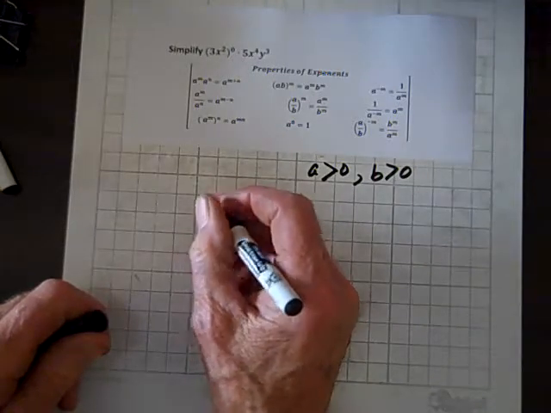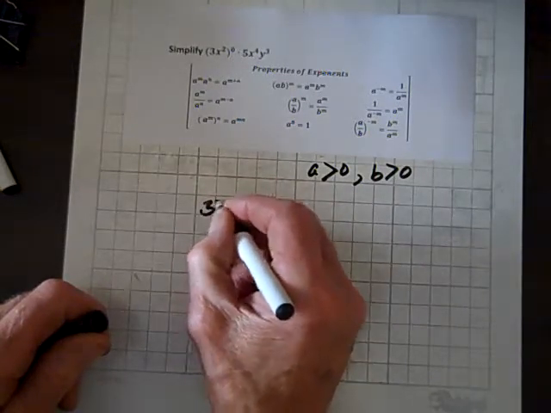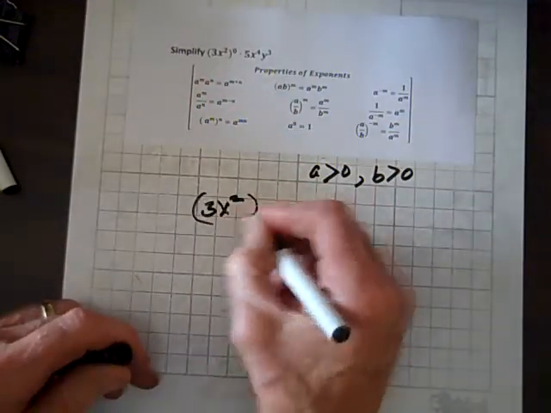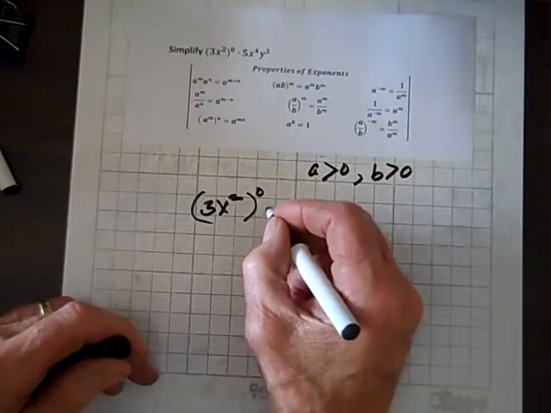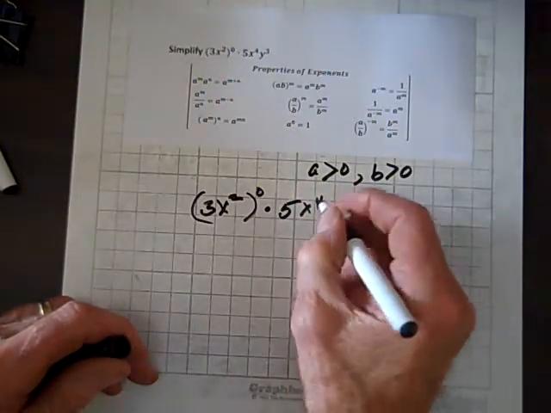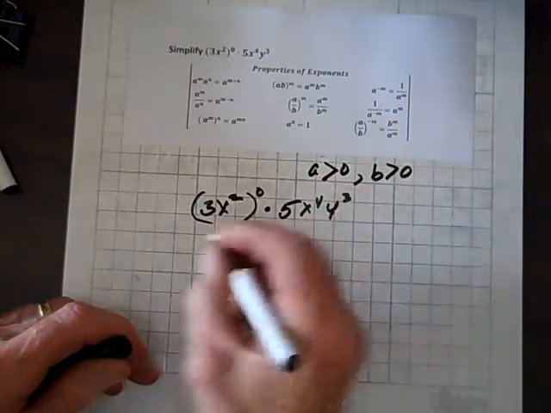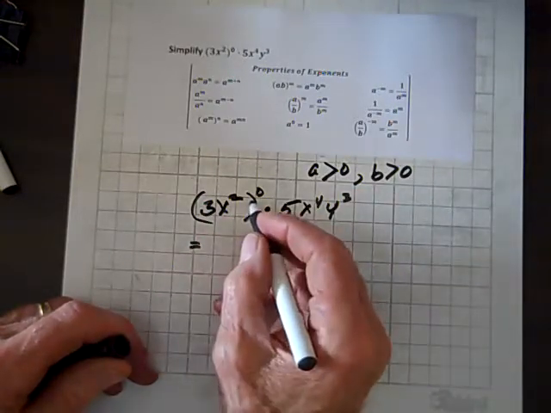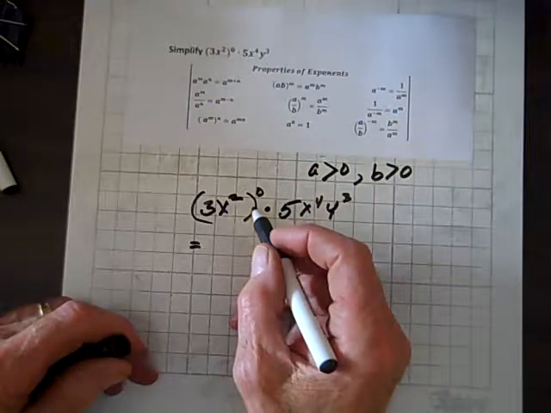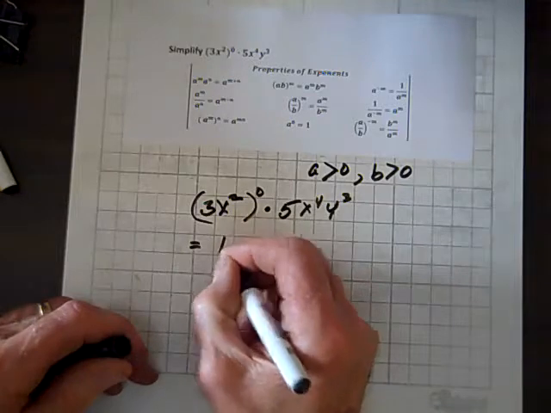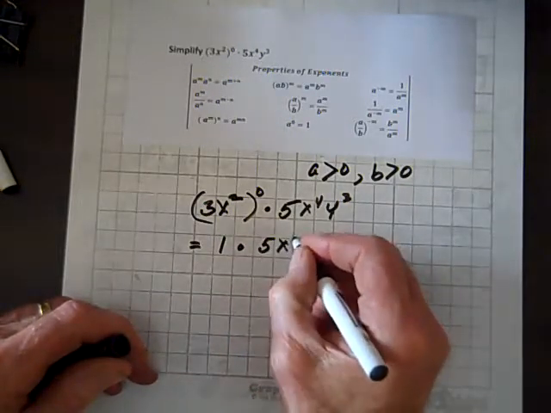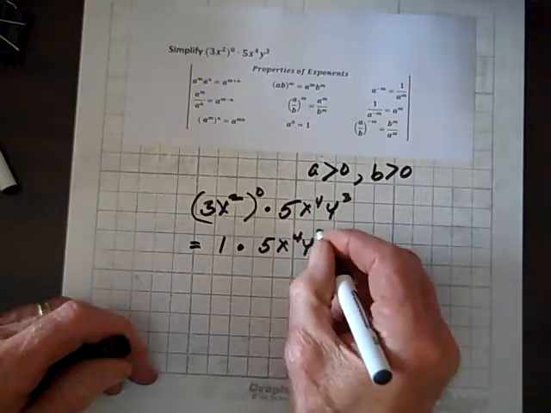So 3x squared, and here's our problem, raised to the 0 power, we have to simplify this, times 5x to the 4th y cubed equals, well, anything to the 0 power, or this base raised to the 0 power is 1, so we get 1 times 5x to the 4th y cubed.